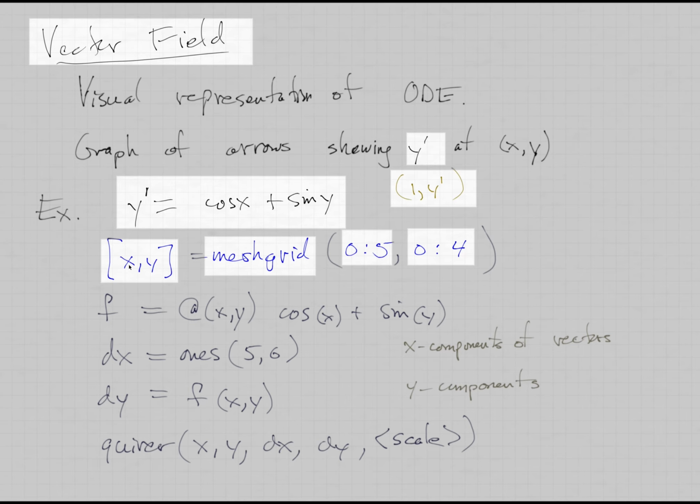The first array is just the array of x values, and the second array is just the array of y values, because this list of x and y values represents a rectangle in the xy plane. By the way, the x values go from 0 to 5, and that means there are going to be 6 x values. The y values go from 0 to 4, so there are going to be 5 y values.